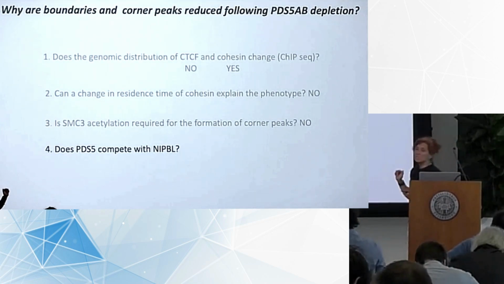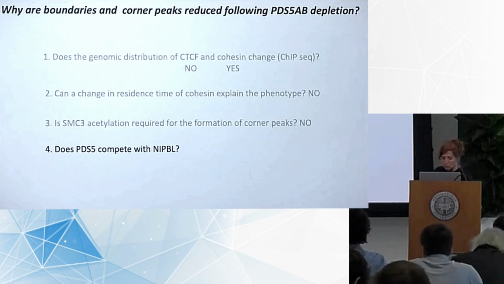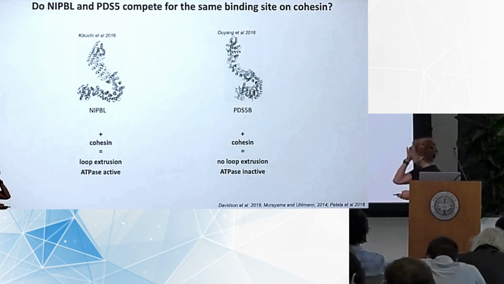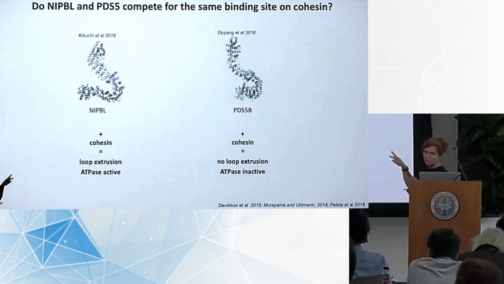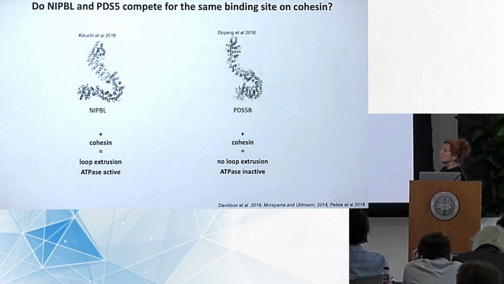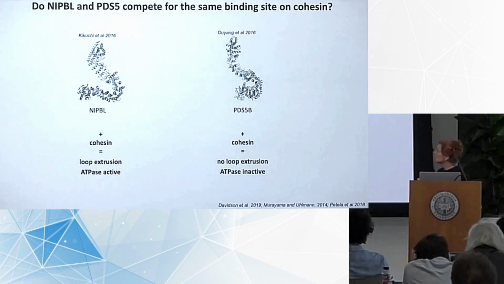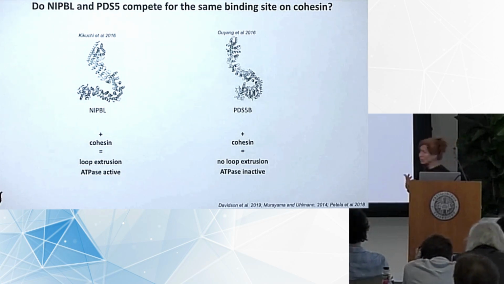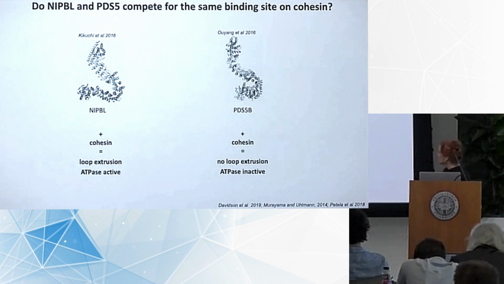And could it be that PDS5 competes with WAPL? This question has already been proposed in the field, because PDS5 and NIPBL have very similar structures, as shown here, but these are crystal structures. So it's predicted that these two proteins could bind to the same site of cohesin. However, they have very different functions.